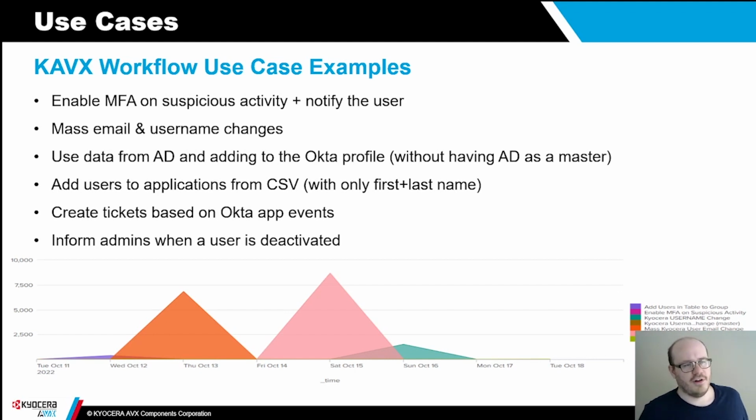But let me touch in a little bit more detail again on enabling MFA on suspicious activity plus notifying the user. What happens is a user will report suspicious activity on their account in a self-report feature that Okta provides. Upon doing that, our workflow kicks off and sends an email to that user telling them, hey, thank you for being vigilant. Thank you for paying attention and reporting this suspicious activity.